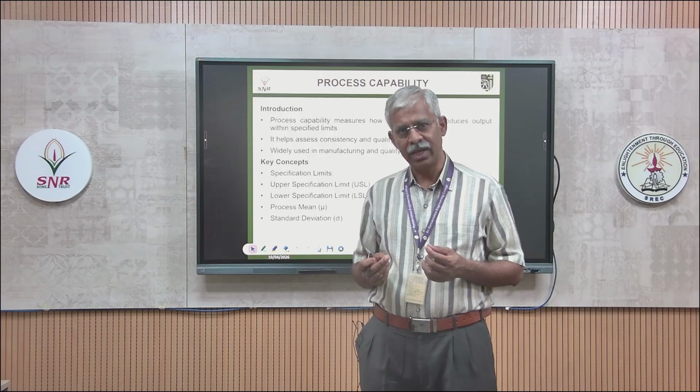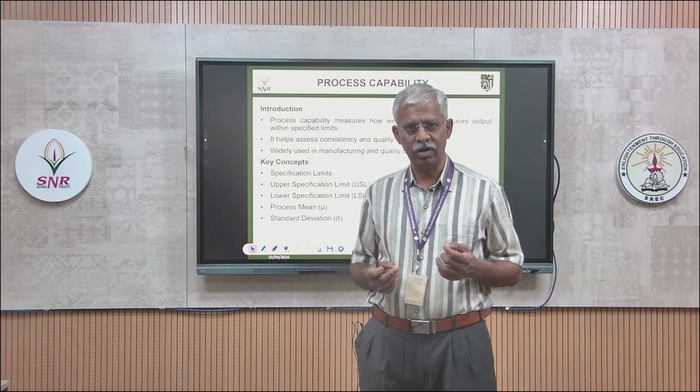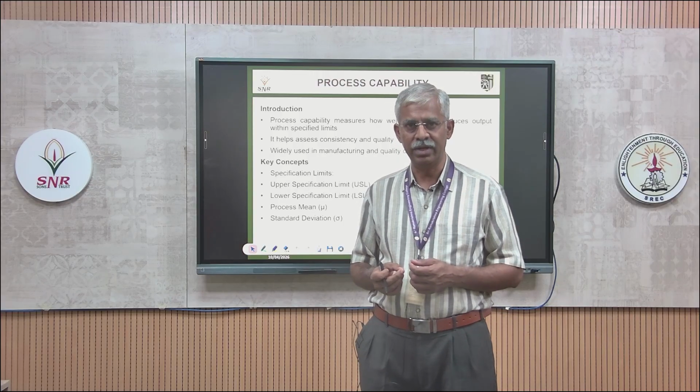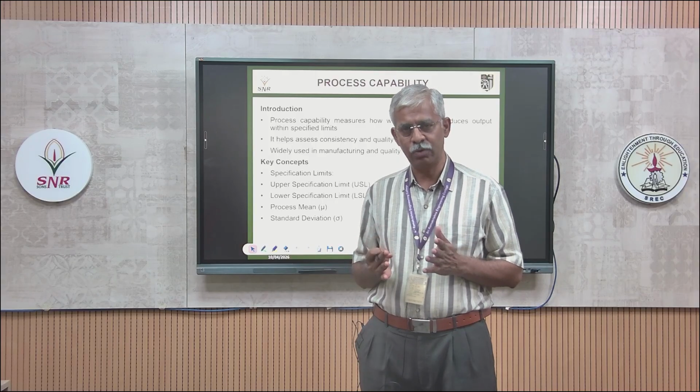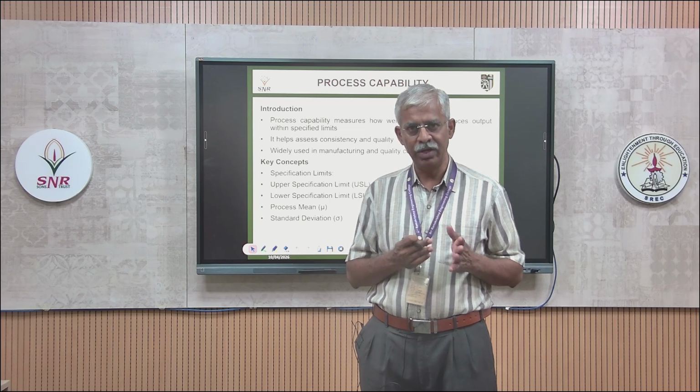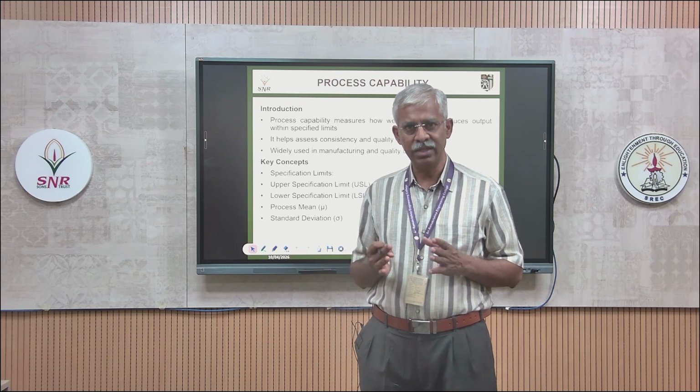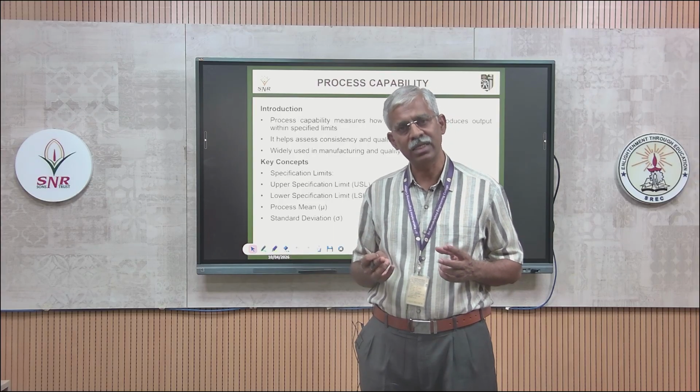The process should be capable of producing the shaft 49 millimeter to 51 millimeter. If every shaft produced by the particular process falls within the dimensional range of 49 to 51, we can say that the process is capable. We can produce the component as per the customer specification.